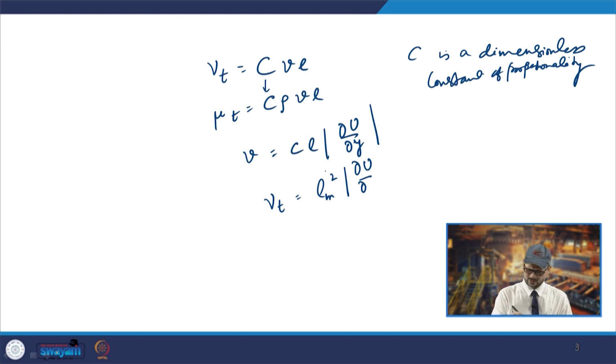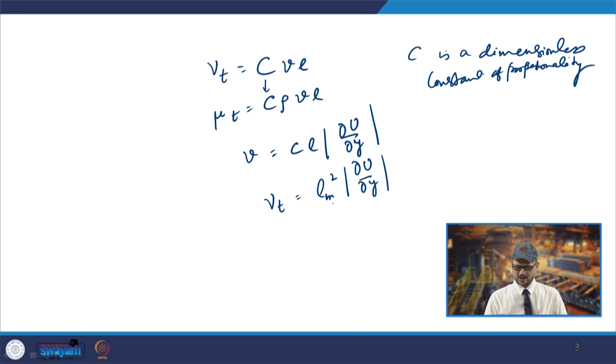So, if you take all these terms together and you have the constant, so you can have the dou u by dou y. This is basically known as the Prandtl's mixing length model. This Lm which is coming is known as the mixing length, so that is the mixing length model.